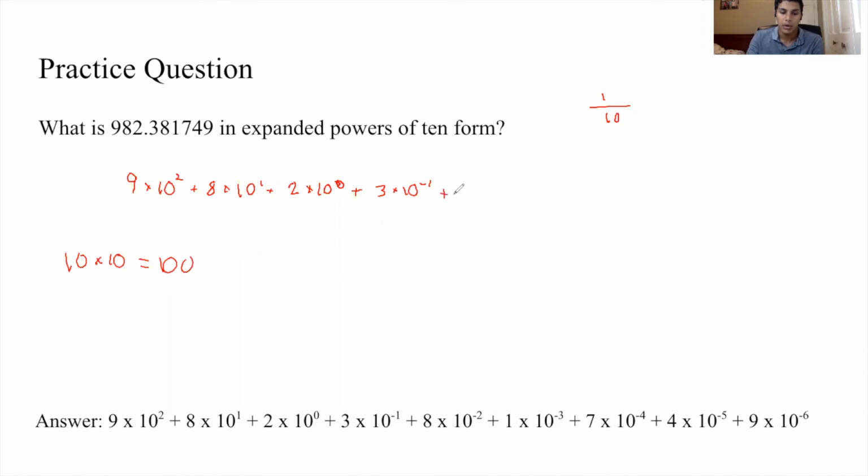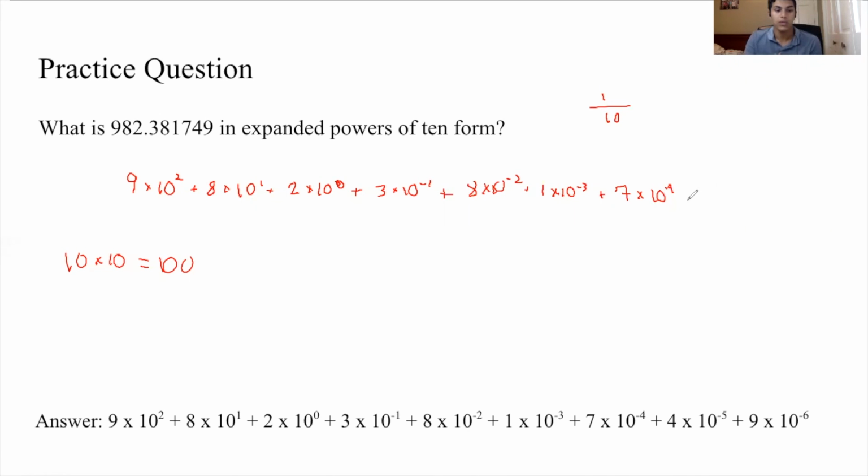Then if we keep going, we have plus 8 times 10 to the power of negative 2, plus 1 times 10 to the power of negative 3, because we have 1 in the 1,000ths place, plus 7 times 10 to the power of negative 4, and we just keep subtracting the exponent.